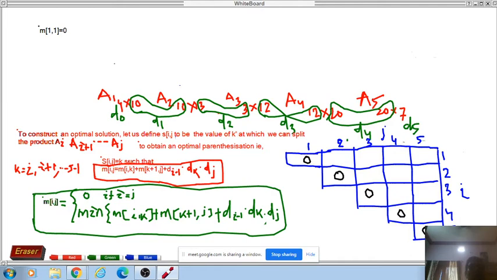Then m of 3 comma 3 equals 0, m of 4 comma 4 equals 0, and m of 5 comma 5 equals 0. Clear? That is how I am starting to fill up this table.